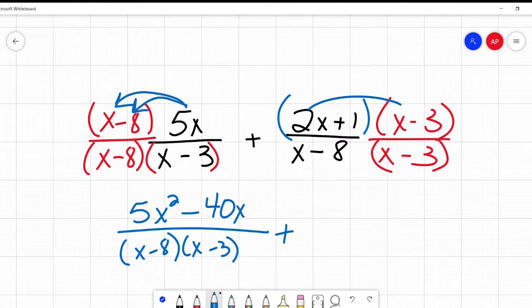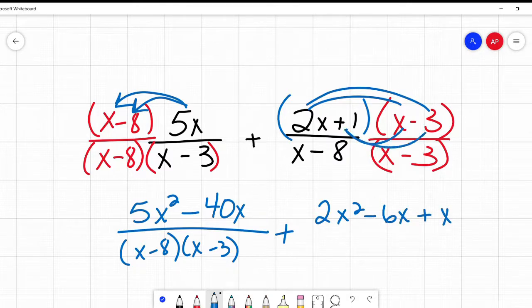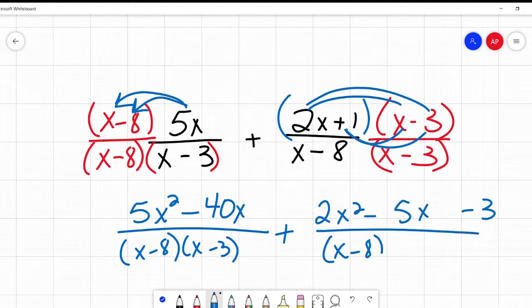All right, 2x times x, 2x squared. 2x times negative 3, negative 6x. 1 times x plus 1x. 1 times negative 3, minus 3. And if I combine these like terms, negative 6x plus x is minus 5x. All over x minus 8 times x minus 3.